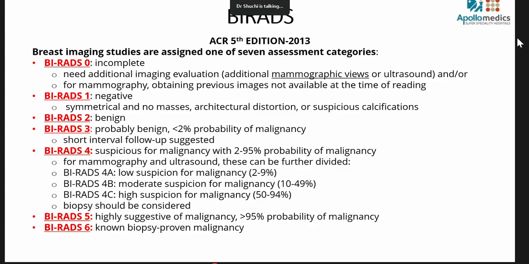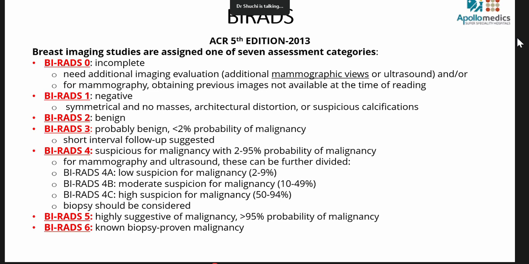So BIRADS: after doing all the assessment, what BIRADS category are we assigning? BIRADS 0 is incomplete, you need further imaging, whether mammogram or ultrasound. BIRADS 1 is negative, symmetrical, no masses, architectural distortion or suspicious calcification. Nothing is there, totally normal. BIRADS 2 is benign, which you are 100% sure is benign. BIRADS 3 is probably benign, less than 2% chance of malignancy.